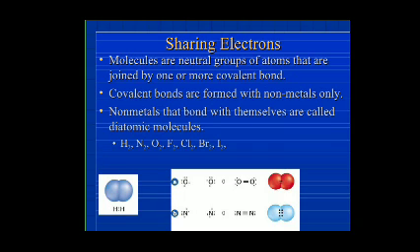Now, formation of oxygen. Oxygen atom's electronic configuration is 1s2, 2s2, 2p4. So in its valence shell it has 6 electrons: 2s has 2 electrons and 2p has 4 electrons.